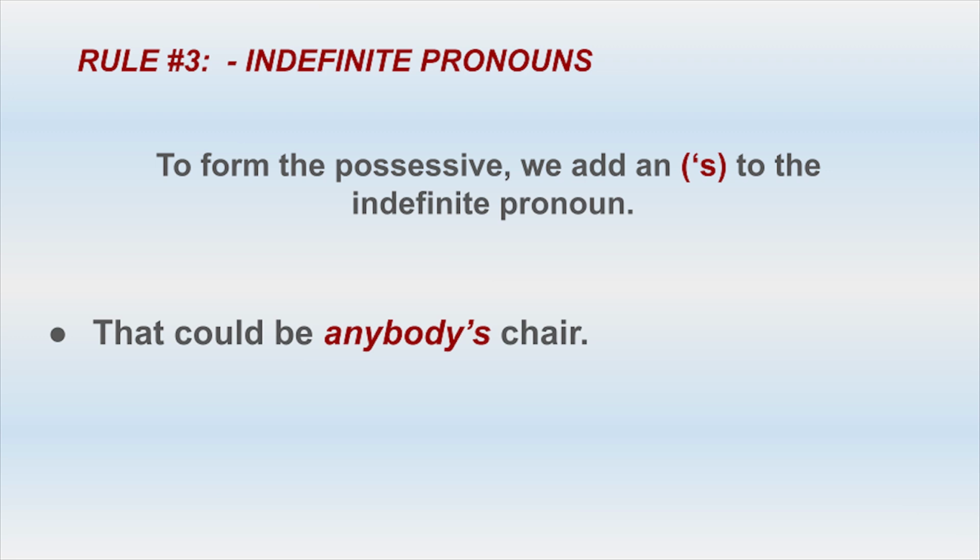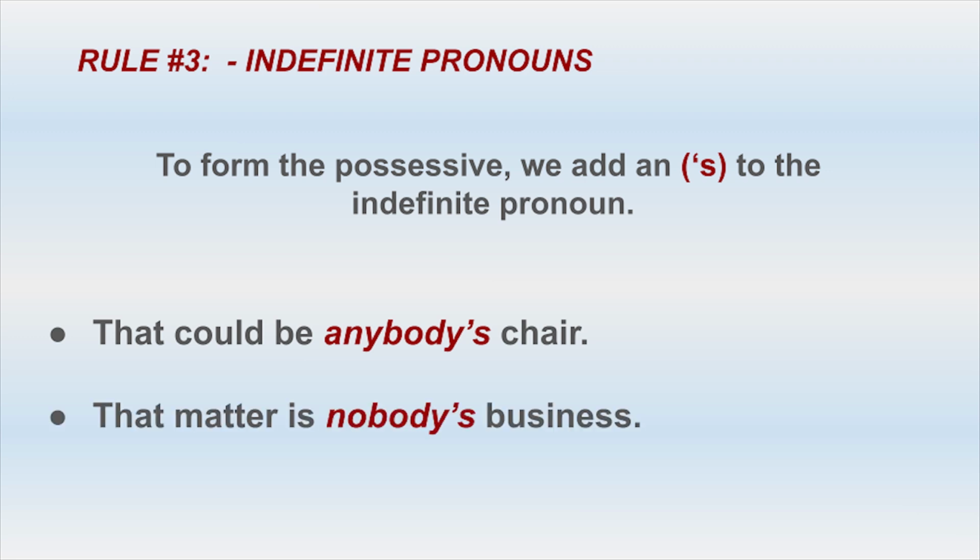Another example, that matter is nobody's business. If we were specific, we would have said that matter is not Tom's business. But because we are using the indefinite pronoun nobody, we put an apostrophe s just as we would have done if we used the noun Tom.